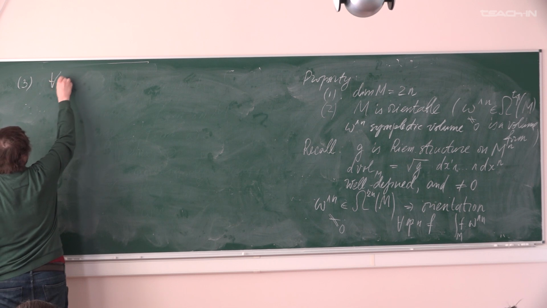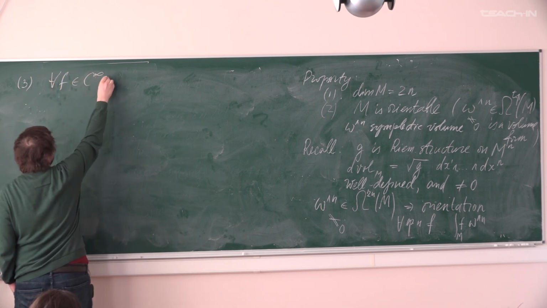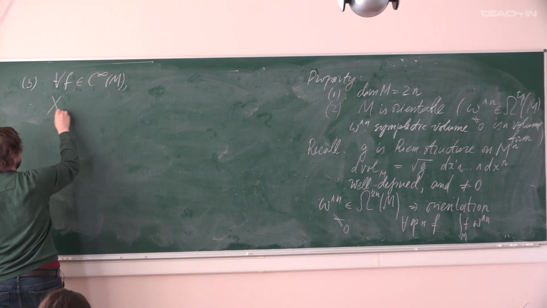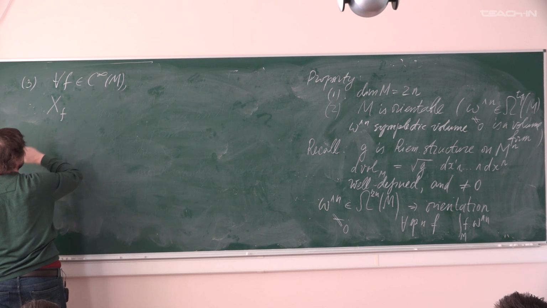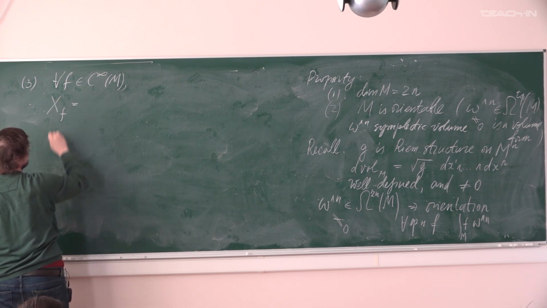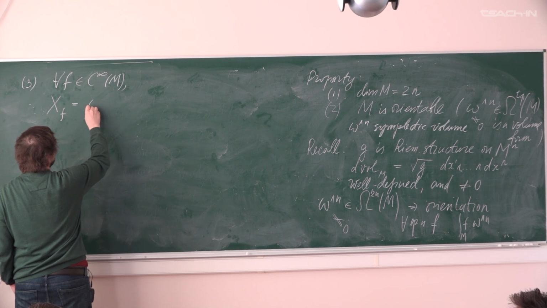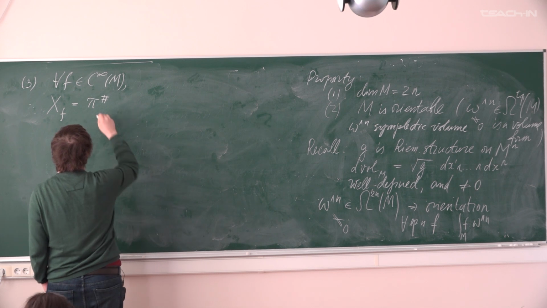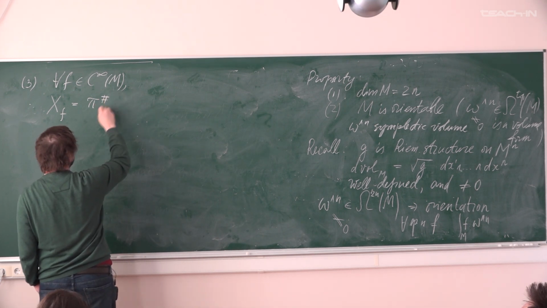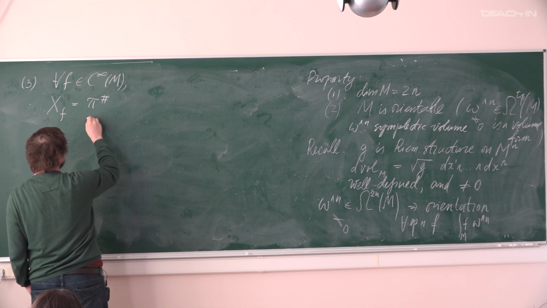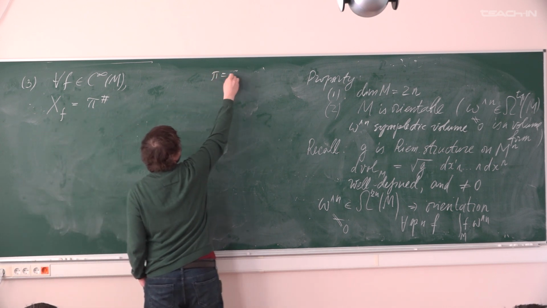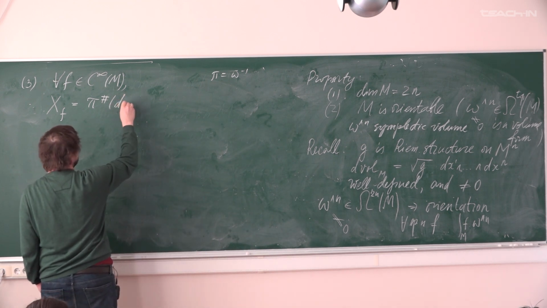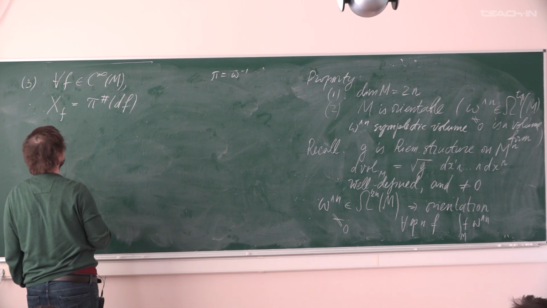If f is any smooth function on M, then you can define the Hamiltonian field associated with f to be the raise of index operator associated with omega, or rather with pi. Let me recall that pi is the inverse matrix of omega, applied to the covector field df, the differential of the function f.